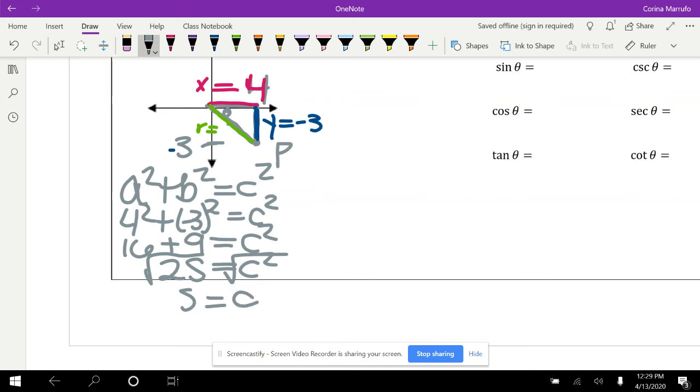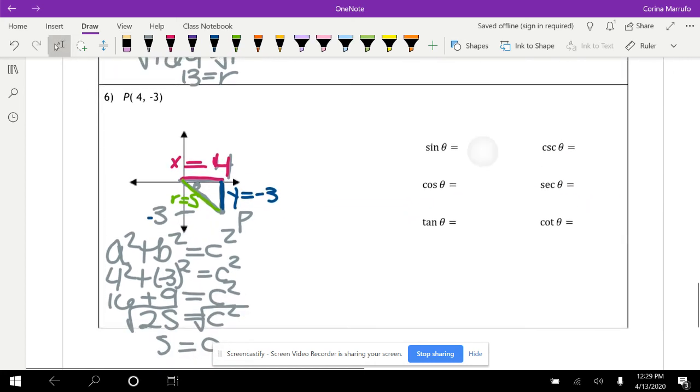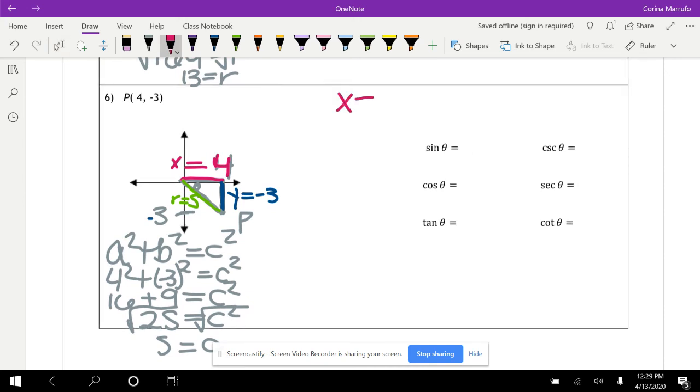All right, so now we have our radius. Our radius is equal to 5. So I'm going to write it over here to the side. Our x equals 4. Our y value is equal to -3. And our radius is 5. Okay, so our sine is our opposite over our hypotenuse.